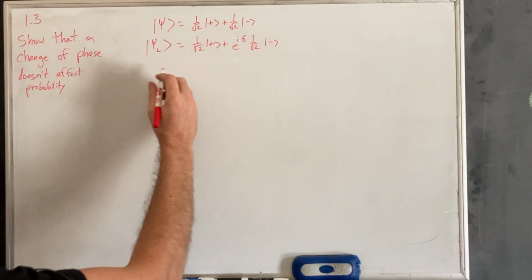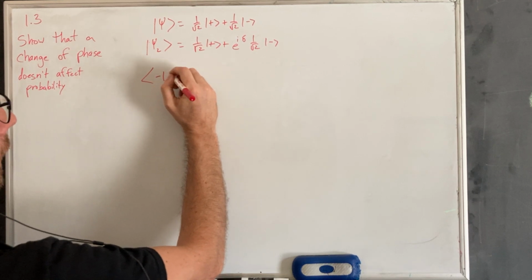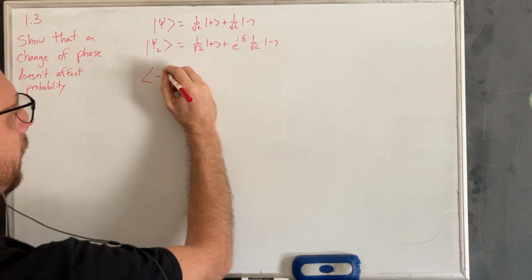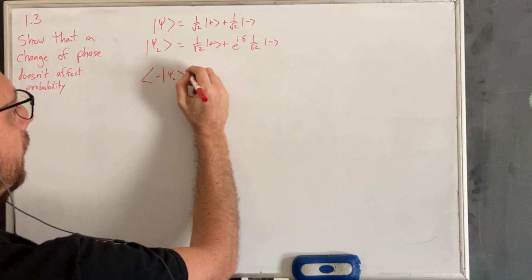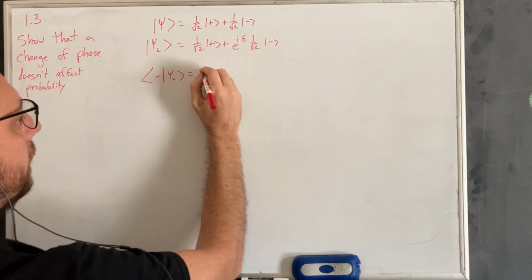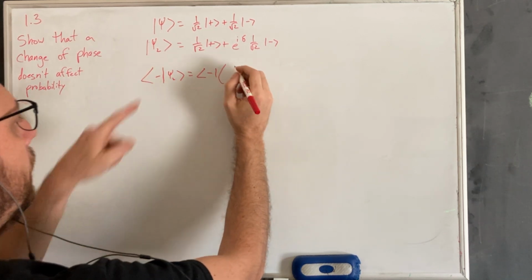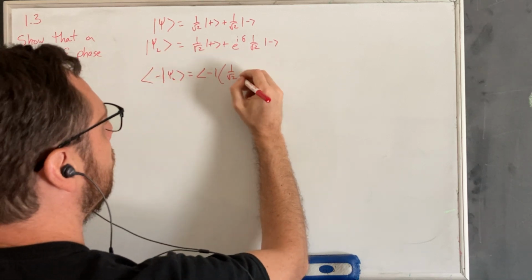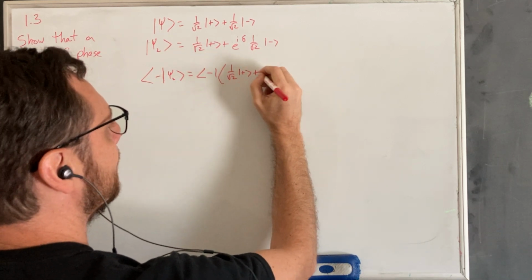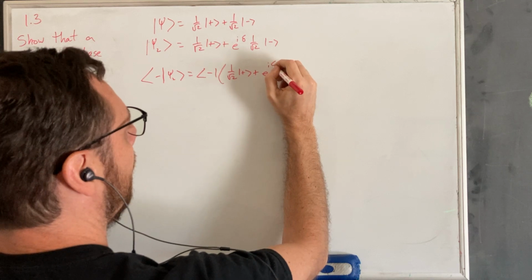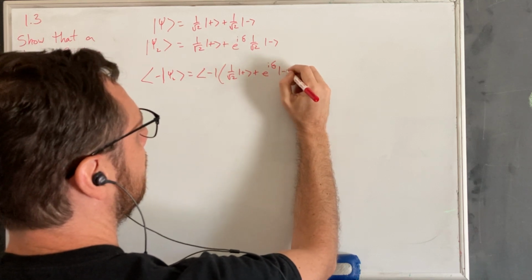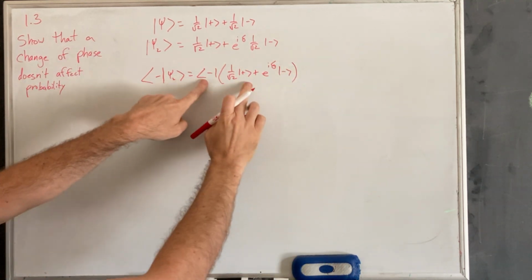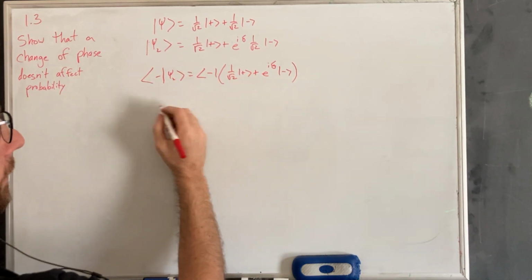So now if we were to, again, get the probability of being in the down state, so we have our down bra with our new state here, 1 over root 2 up plus e to the i delta down. Minus and plus cancel out, minus and minus we keep.